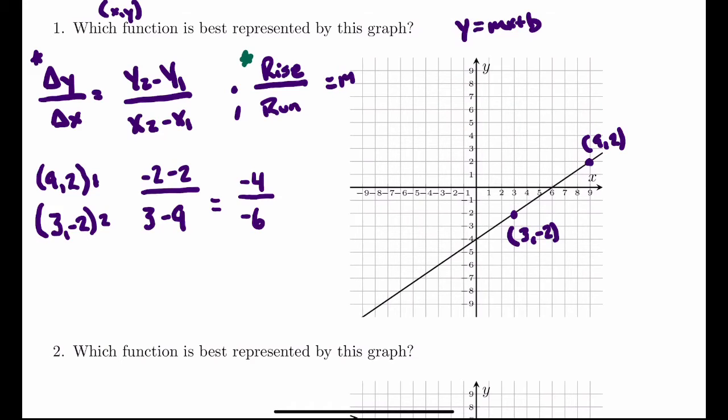Well, we know this can be simplified because they're both even numbers, so we can simplify this by 2. Divide it by 2, and we're going to get negative 2 over negative 3. Well, from here, both the numerator and the denominator are negative, so this actually turns into 2 over 3.